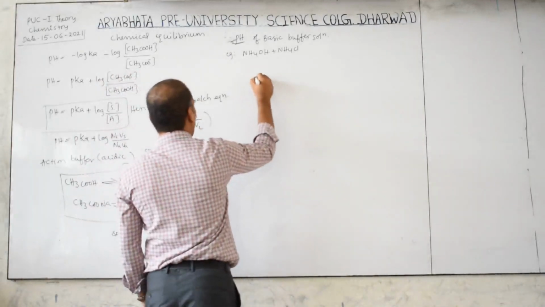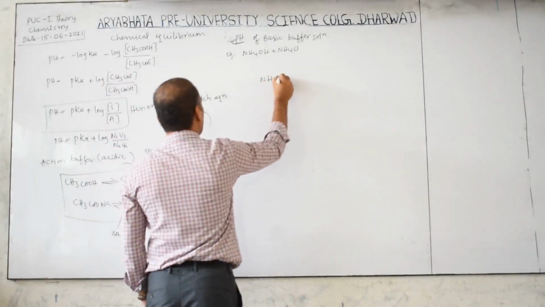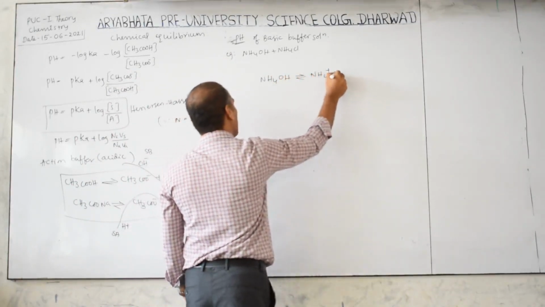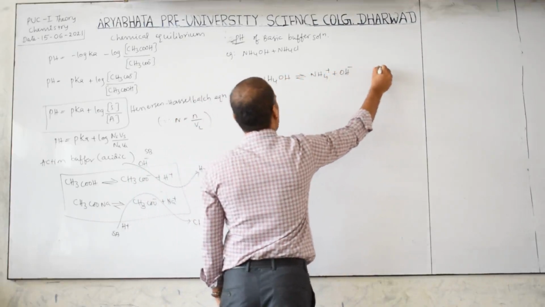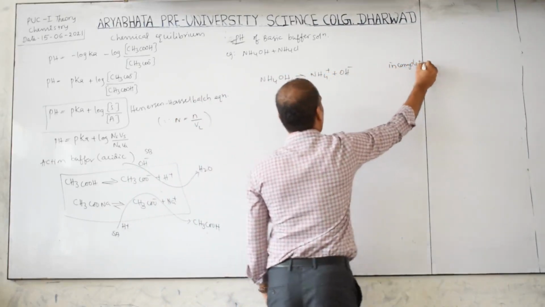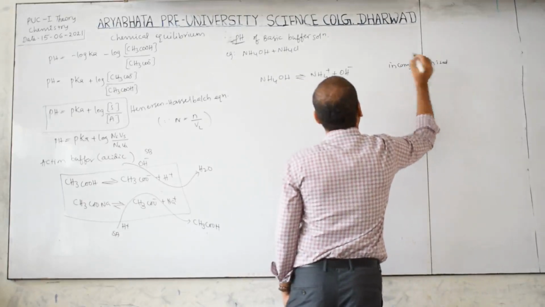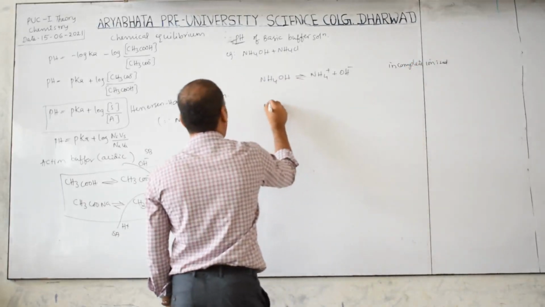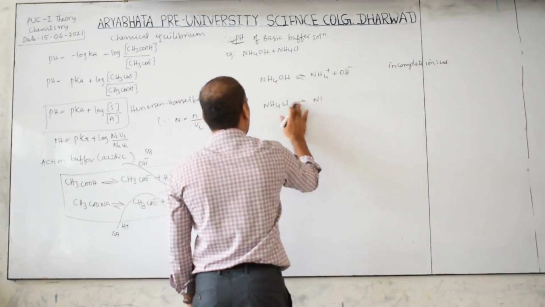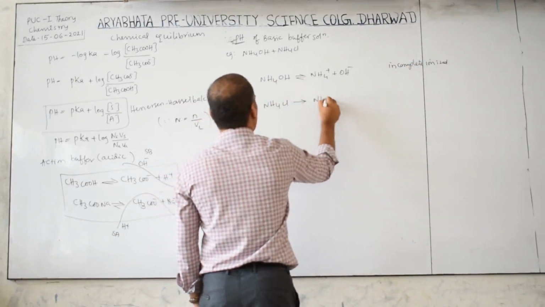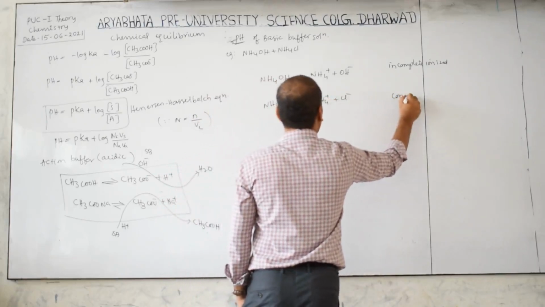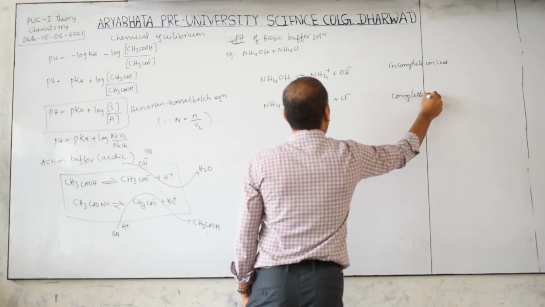So NH4OH ionizes into NH4 plus plus OH minus. Here only note down this is incompletely ionized. And next one is NH4Cl ionizes into NH4 plus Cl minus, this is completely ionized.